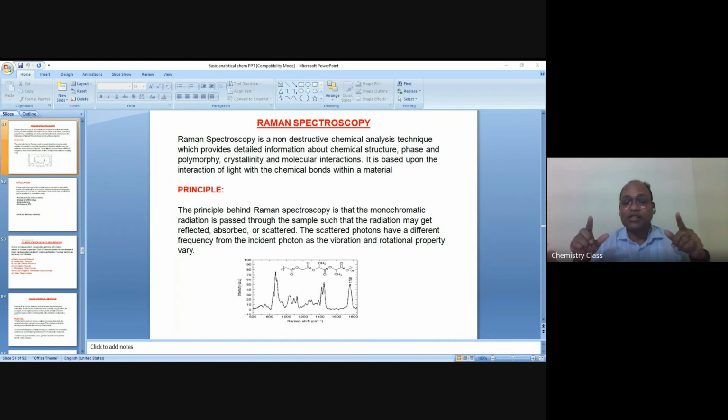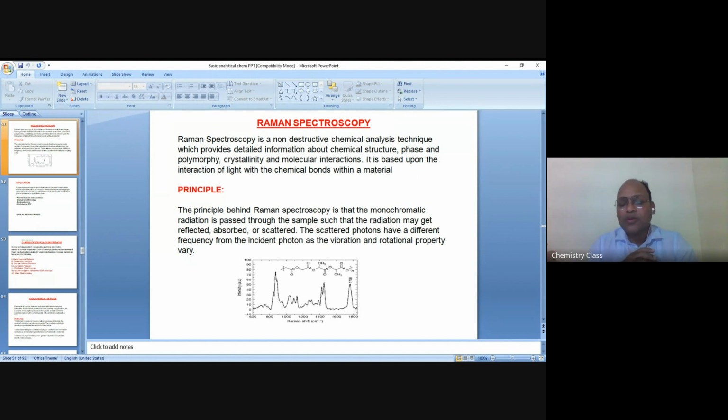With other methods, the sample may be damaged, thrown away or destroyed once used, or you have to keep it somewhere else with precautions. But Raman spectroscopy is a non-destructive chemical analysis, so the sample will remain the same. You can use it in a different process or in a different state. There are no changes in the sample.